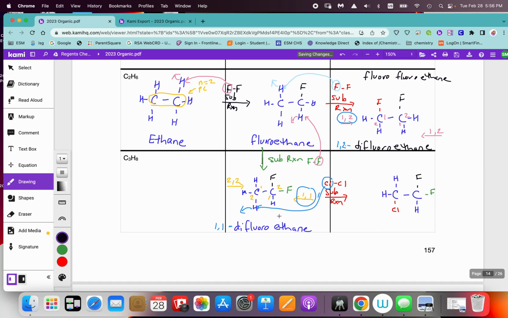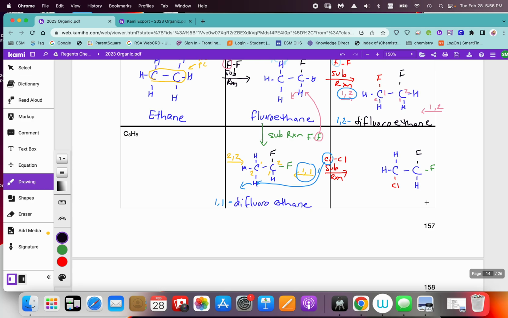So when we take a look at this structure, it is still ethane, a 2 carbon parent chain. We still have the 2 fluorines, right? So it's still a difluoro. I'm going to just put this down here because I've got to write some stuff out.